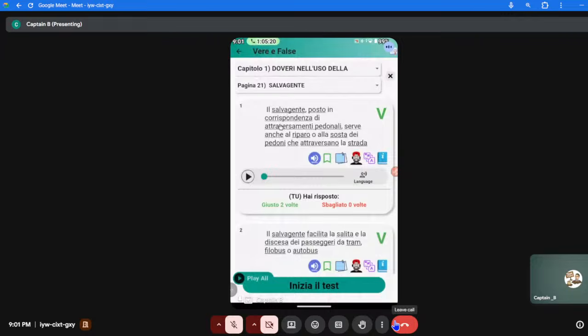Salvagente posto in corrispondenza, meaning at the corresponding attraversamento pedonale, which is the pedestrian crossing part. It's found at the pedestrian crossing where pedestrians will come down, enter the bus, or come down from the bus and cross.